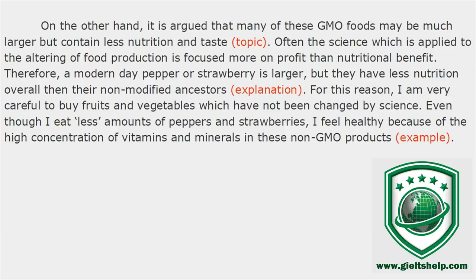Therefore, a modern-day pepper or strawberry is larger, but they have less nutrition overall than their non-modified ancestors. For this reason, I am very careful to buy fruits and vegetables which have not been changed by science. Even though I eat less amounts of peppers and strawberries, I feel healthy because of the high concentration of vitamins and minerals in these non-GMO products.